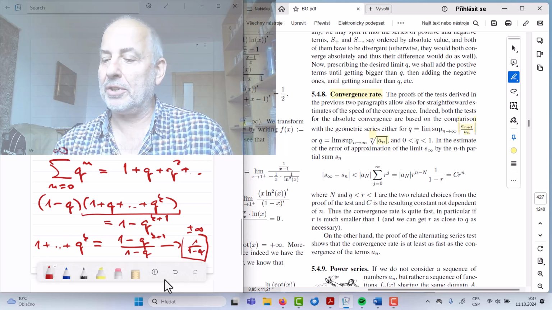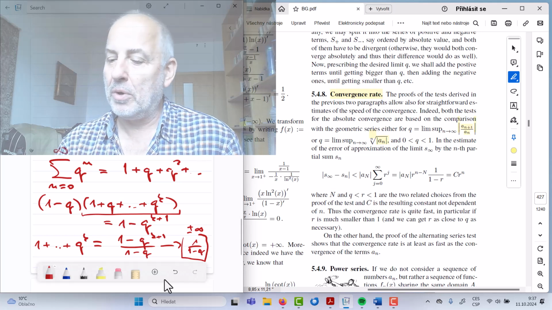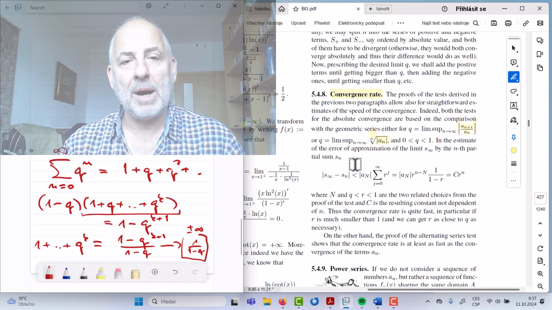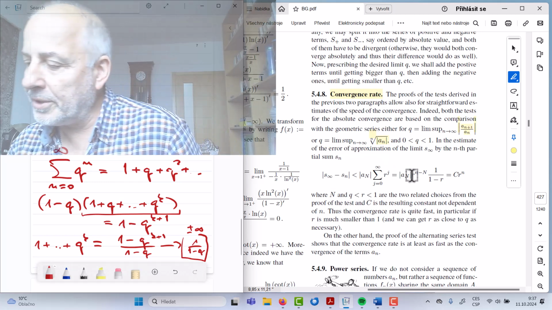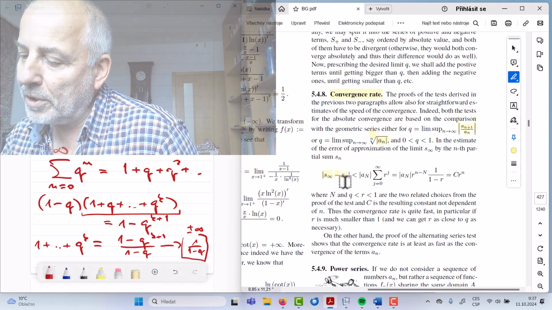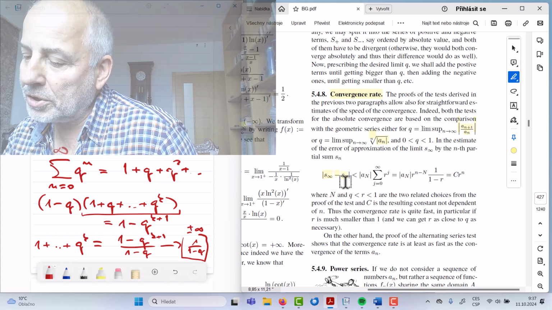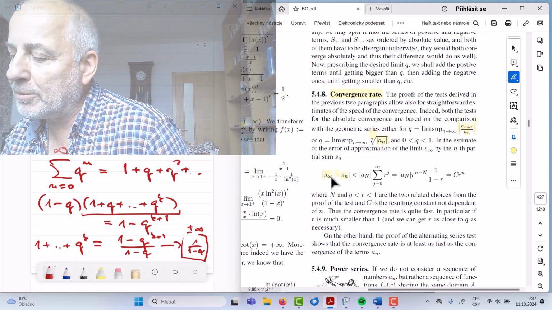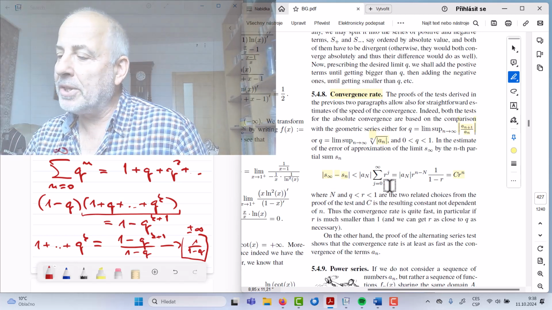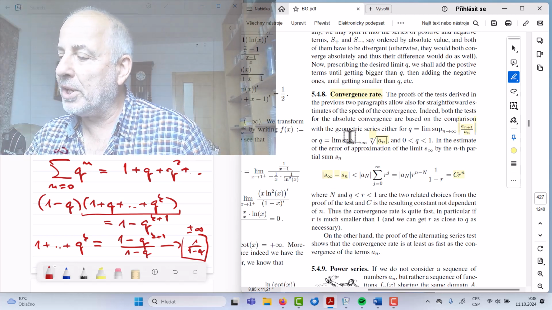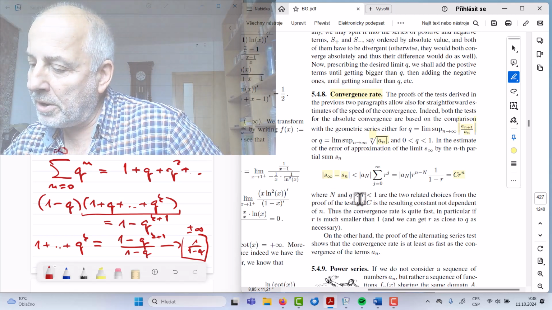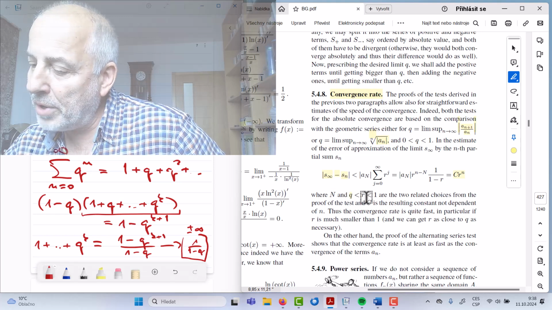So how fast it converges, because you know what's left there, and you can then simply see that the difference between the nth partial sum and the limit in absolute value is a constant times r^n, where r is anything between q and 1, right?